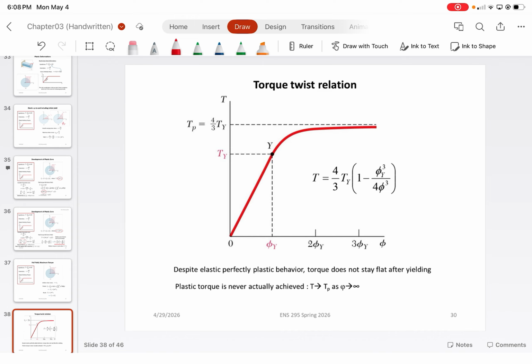All right, and what happens if you loaded it again? Would it still follow that slope? When you apply the load, let go of it, and then apply it again, how would it behave? I want to say it would be the same as elastic. It would behave linear elastically again until the yield stress.